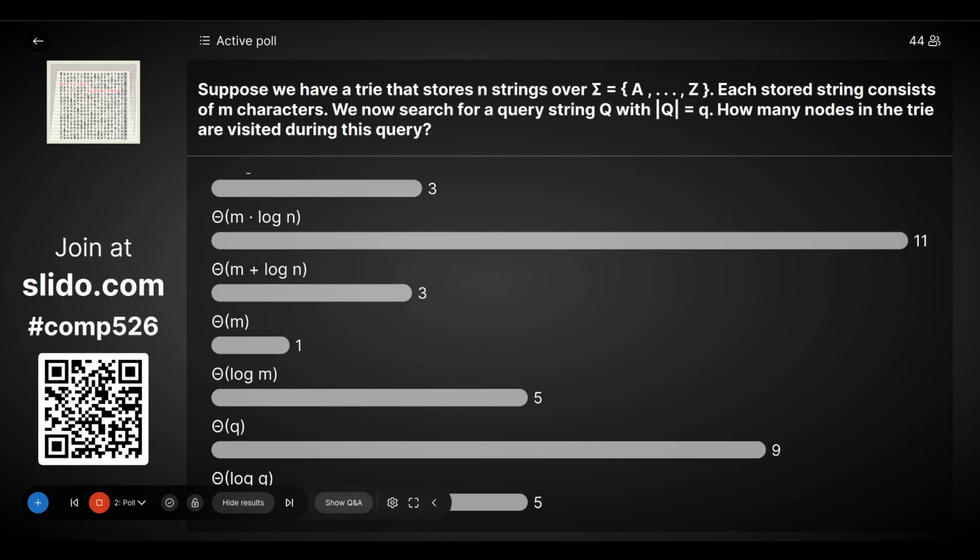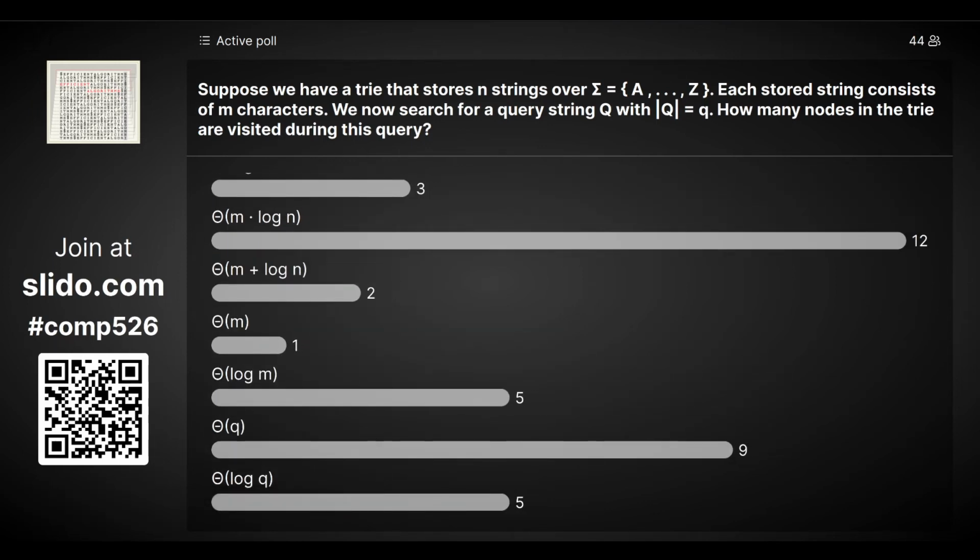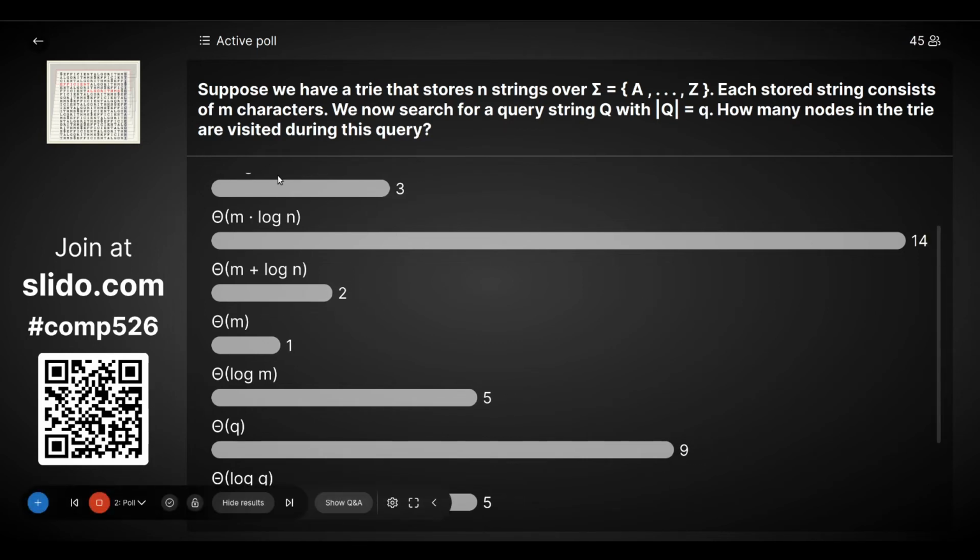Now it's lots of answers. If I keep this open for too long, will you all gravitate towards whatever's the current majority? I'm not saying that that's the right answer, guys. In fact, the right answer is there.